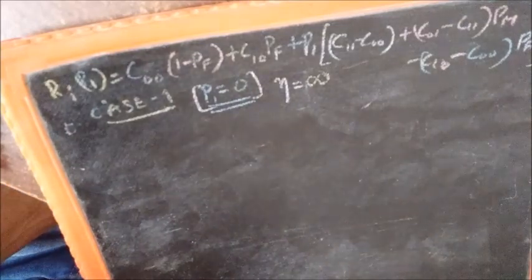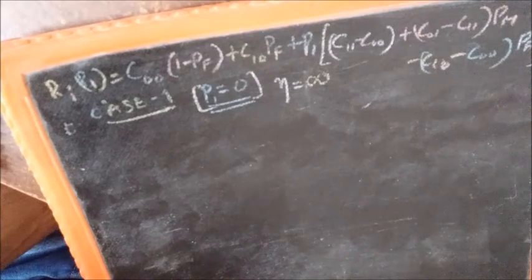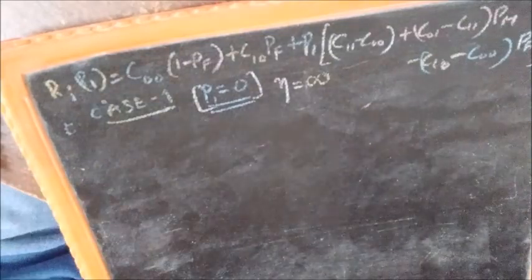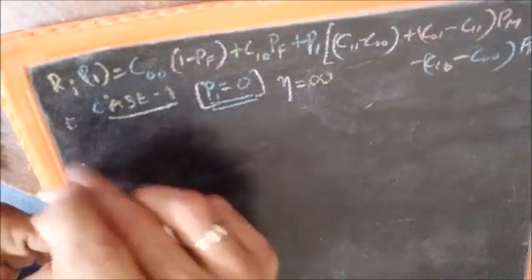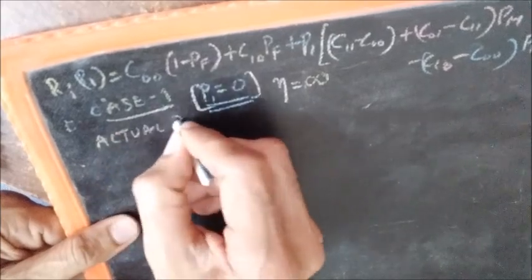This is definitely not the best way to fix it, but we have to go through a few assumptions like this to understand which is the best assumption. So we have assumed P1 is equal to 0, our threshold has become infinity. Now let us list down here actual P1.